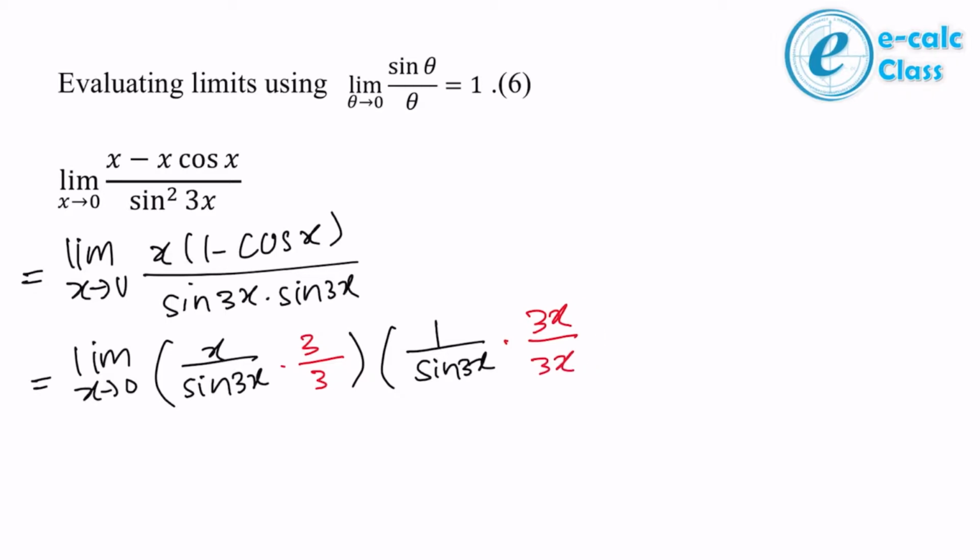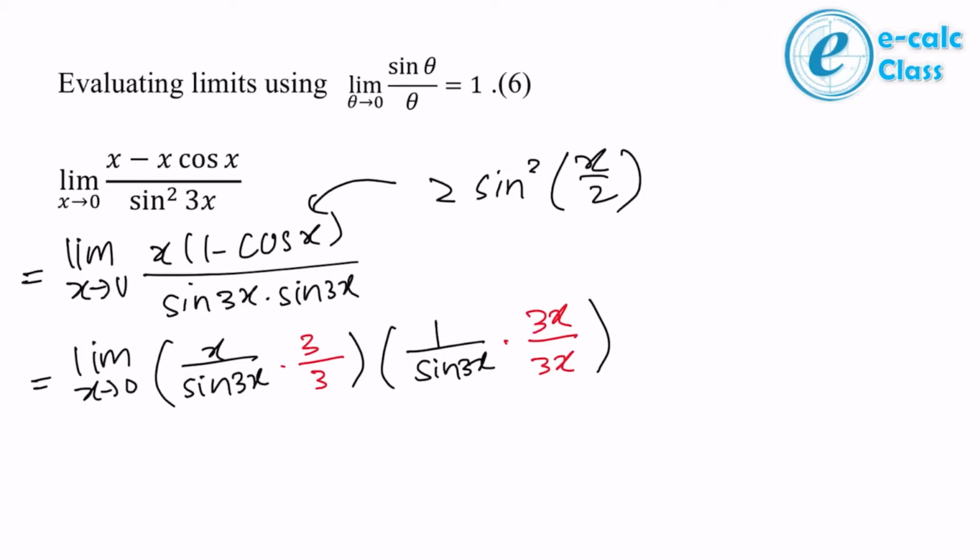And we know that 1 minus cos x is 2 sine square x over 2 by the half angle formula, isn't it? Right? So it is, yeah, I think we are doing good.